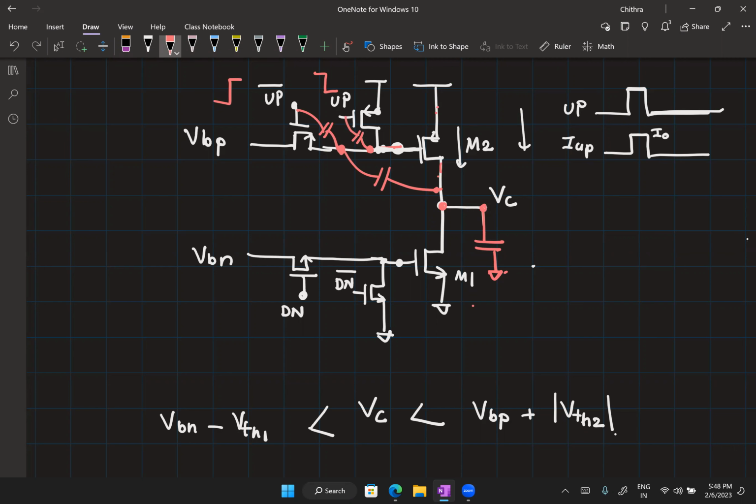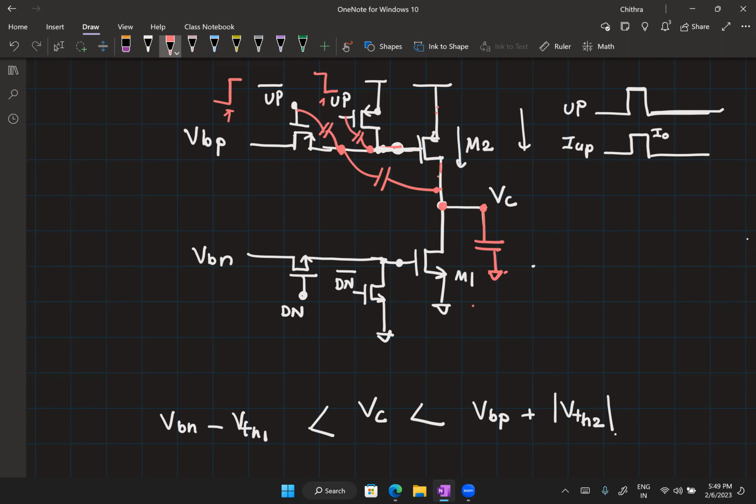So it's possible to cancel out the clock feedthrough also, provided you are able to match the up bar and up exactly. Right? Now, even if it doesn't get cancelled exactly, the coupling appearing at the output will be a much, much smaller fraction as compared to the earlier cases. This is clear?